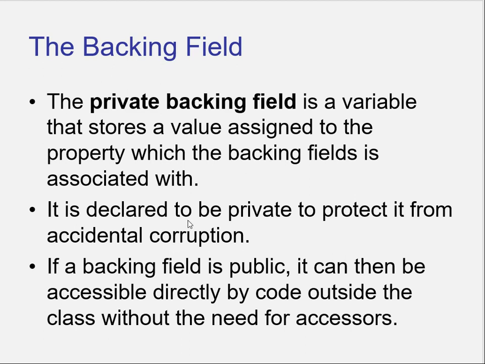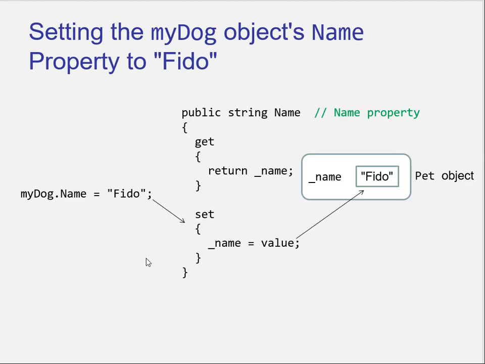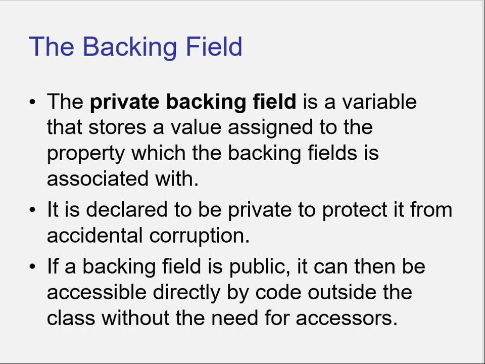It's only used by that particular member. If the backing field is public, it could be accessed directly by code outside the class without the need of an accessor. So that's why these backing fields are private, and they're primarily just used when we're looking at setting and getting a value into a variable name.